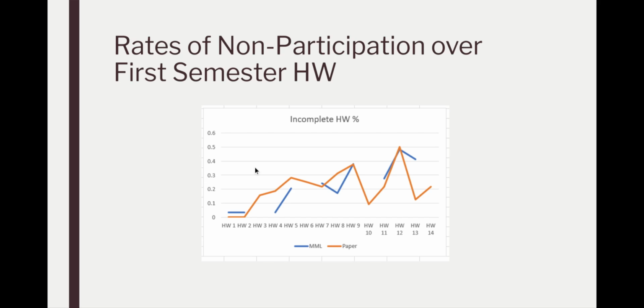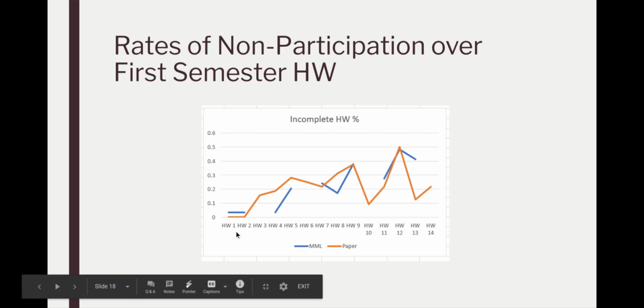So, observations. This graph shows both the results from the paper and pen homework last year, as well as, in blue, the MyMathLab homework this year. These are the non-participation or incomplete or under 50 percentages for the class.